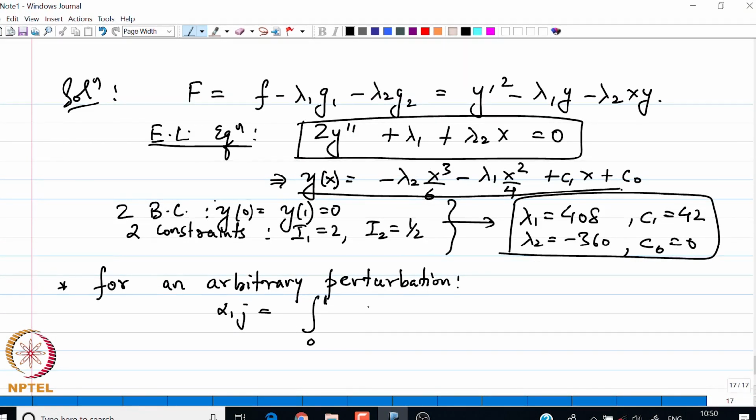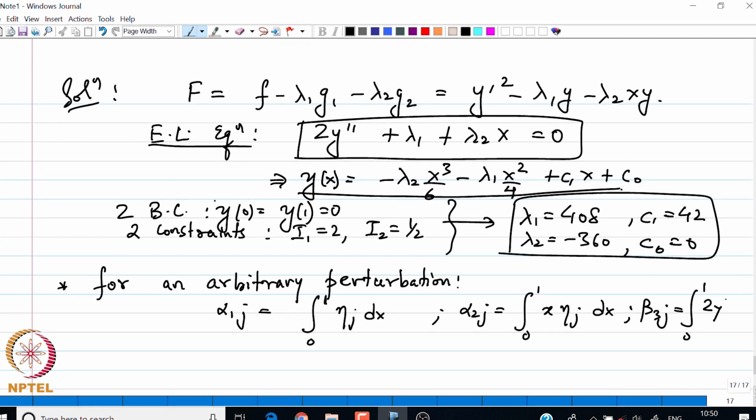So, my alpha 1 j is the integral of eta j dx and my alpha 2 j is the integral of x times eta j dx, right. And finally, my beta 3 j is the integral from 0 to 1 of 2 y prime eta j dx.